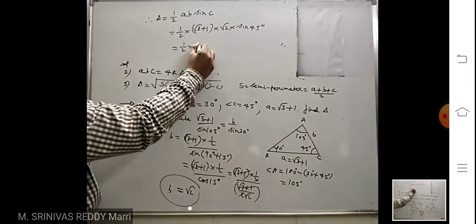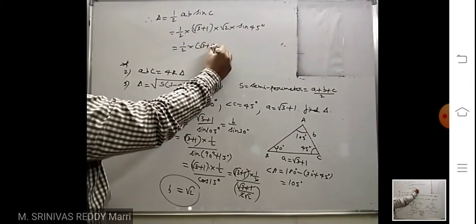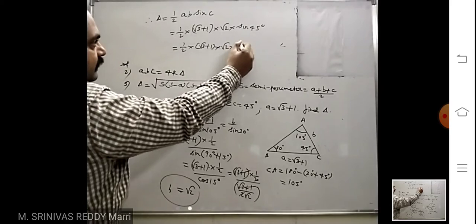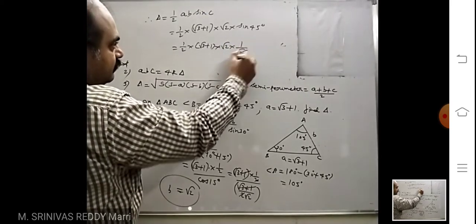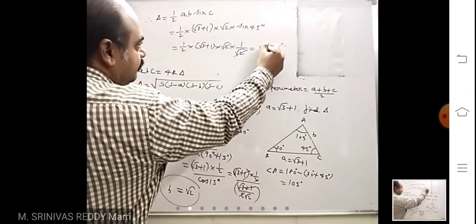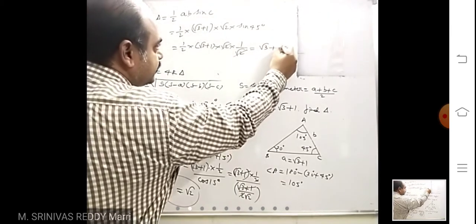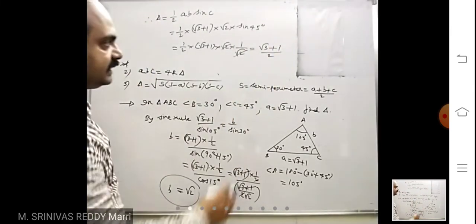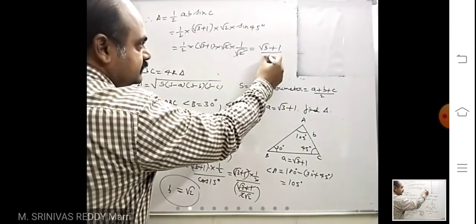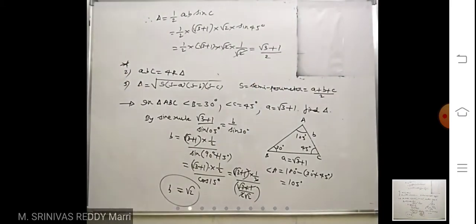So half into root 3 plus 1 into root 2 into 1 by root 2. Therefore this is nothing but root 3 plus 1 divided by 2. That is the area of the triangle. Always, if you know two sides and the angle between them, then you can write the area of the triangle. Look at this example.